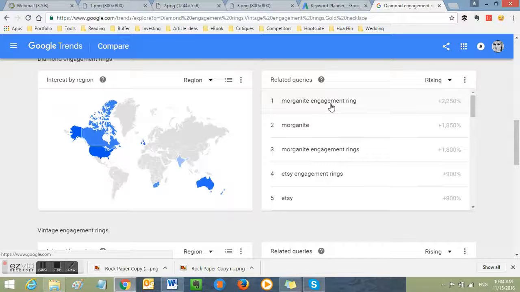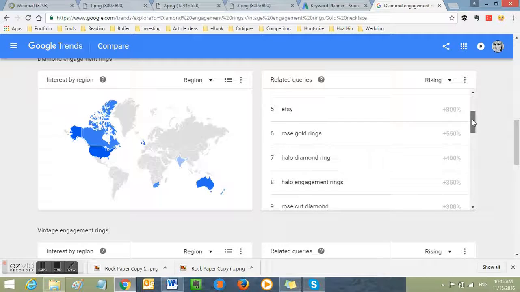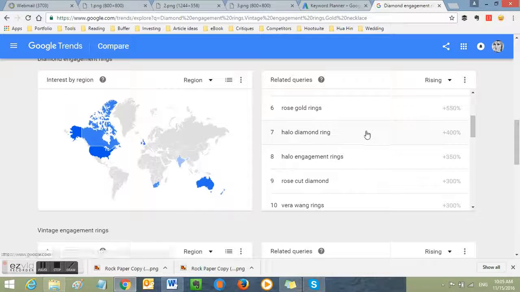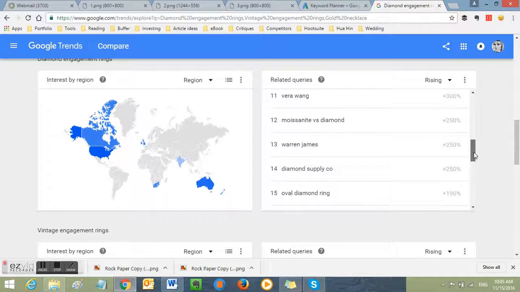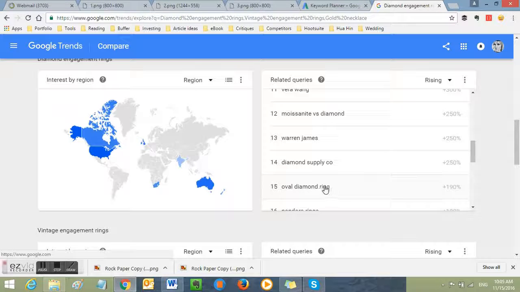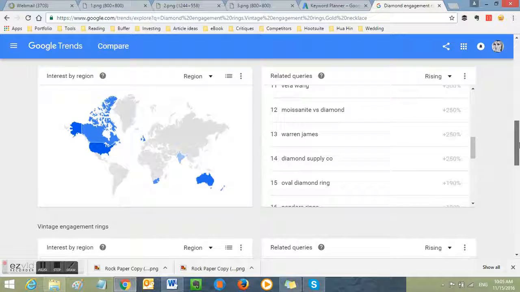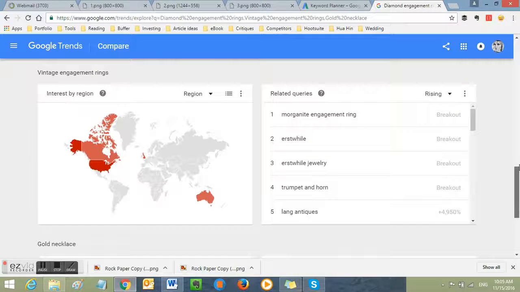Rose cut diamond, Vera Wang rings, Vera Wang, Warren James, oval diamond ring as well. There was one of the keywords that I actually skipped, so I'm going to test it in a second. These are related queries to vintage engagement rings, but these are all breakouts. This is Lang Antiques. Okay, so these are more vintage.